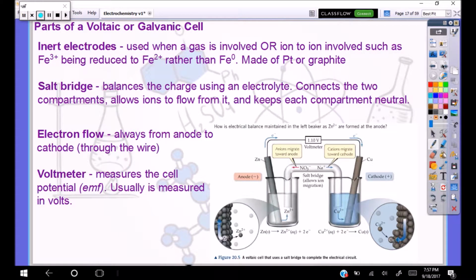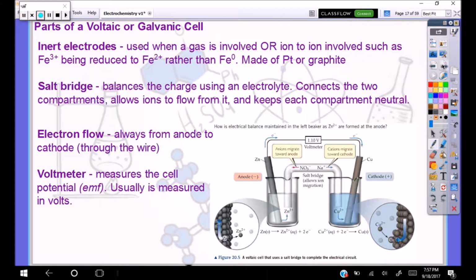All right. You may also hear us refer to something as an inert electrode. An inert electrode is used when a gas is involved in our galvanic cell, or we have an ion-to-ion reduction. The common one we see is iron 3+ being reduced to iron 2+. So when we have something like that, we have the need for a platinum or graphite electrode.